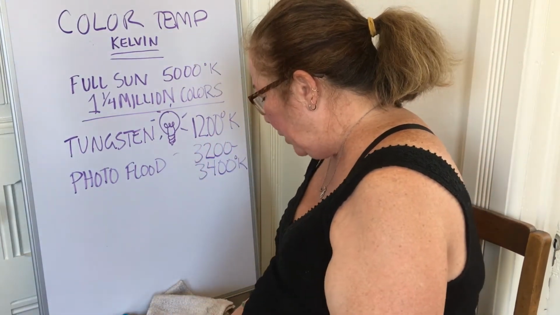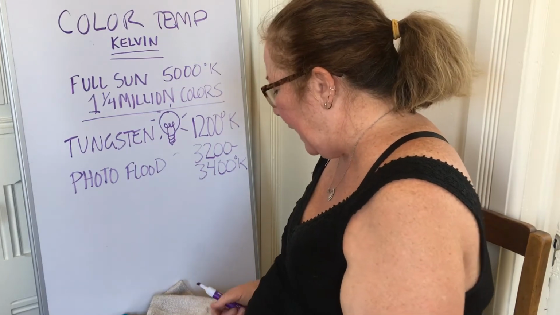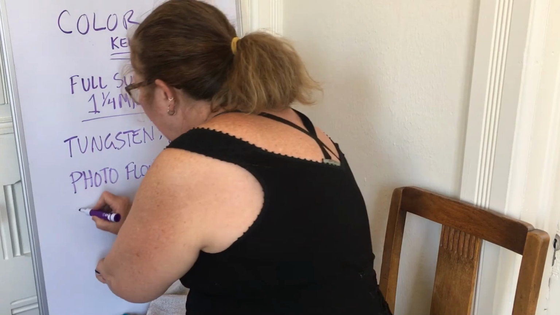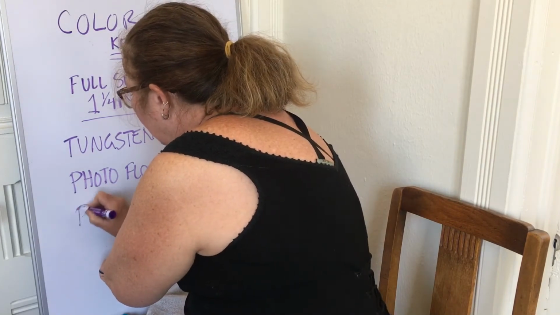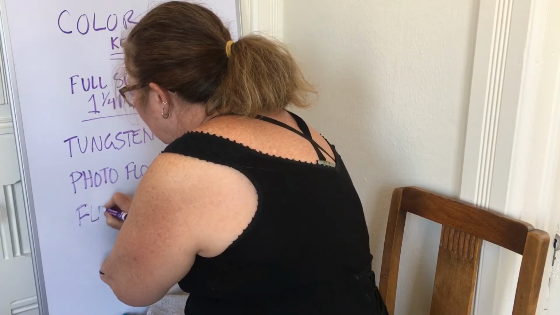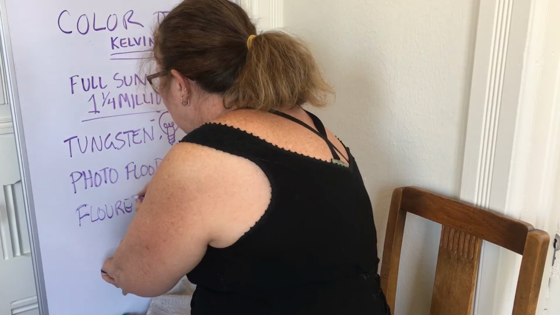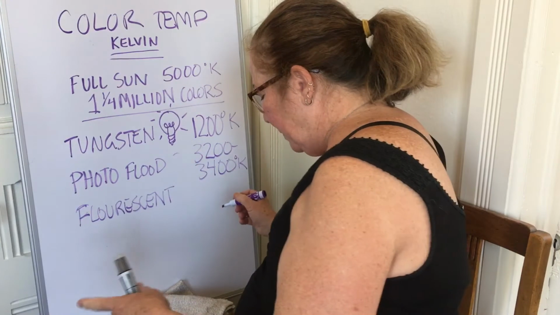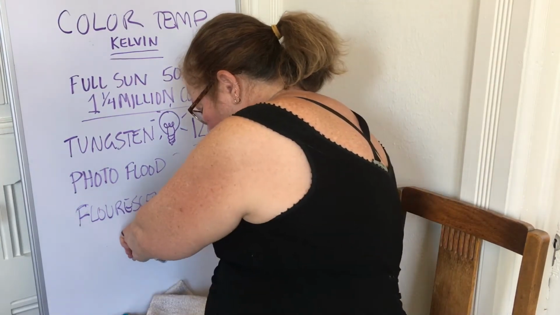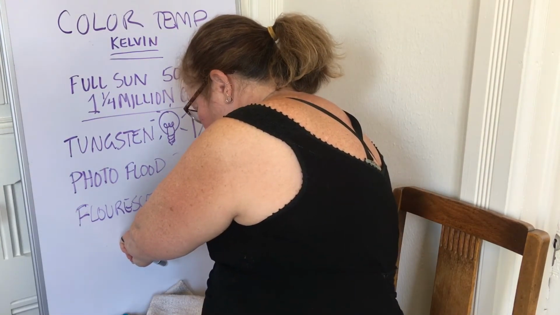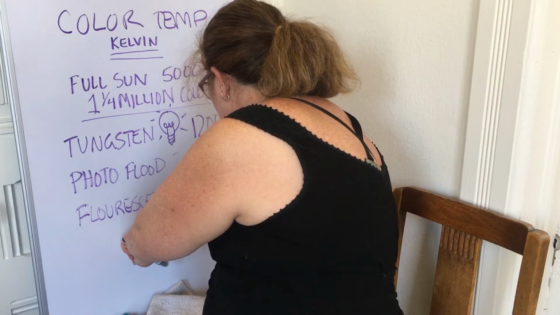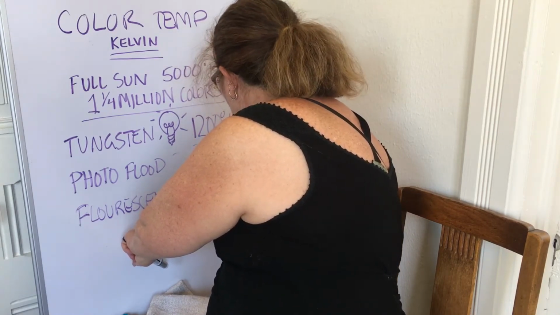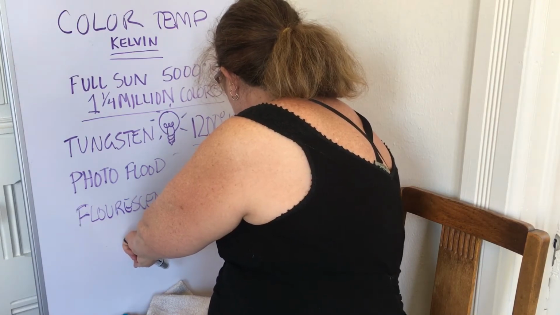It's kind of hard to measure, say, fluorescent, but if you're looking at a fluorescent light, it's usually going to measure between, I would say, kind of 25 to 3200 Kelvin.